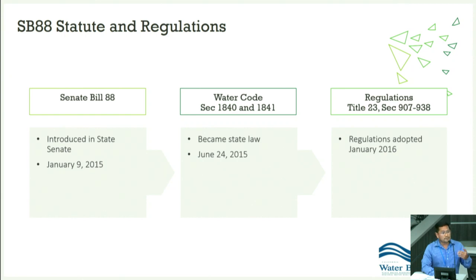We held workshops. We tried to listen to all the stakeholders out there before the State Water Board adopted these regulations in January of 2016. And these regulations became part of the California Code of Regulations, Title 23, in March of 2016.